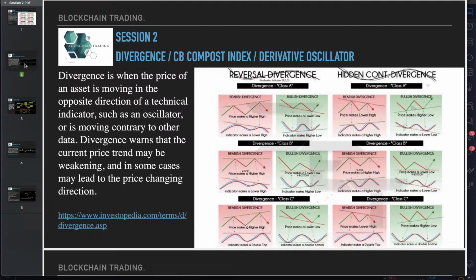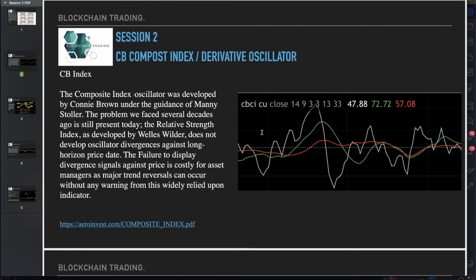The next indicator we're going to cover is the composite index. The composite index is an oscillator that was developed by Constance Brown, or Connie Brown, under the guidance of Manny Stroller. The problem that was faced several decades ago is still present today in regards to the RSI that was developed by Welles Wilder: it does not develop oscillator divergences against long horizon price data.